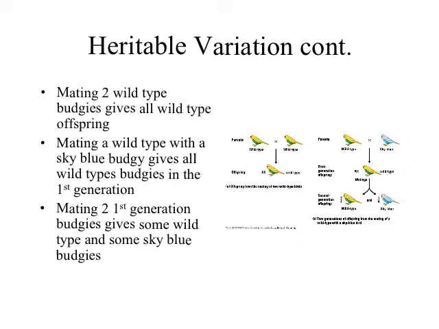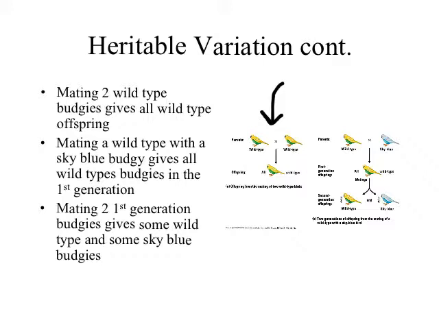So if we were able to do a little experimenting of ourselves, and we took 2 wild type parakeets and mated them, in this scenario we would get offspring that looked yellow and green, just like the parents.